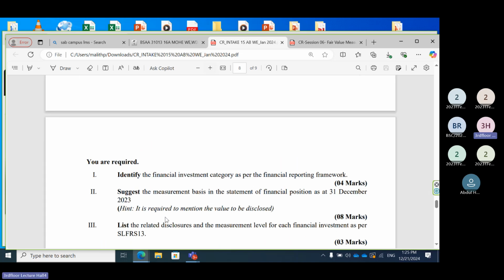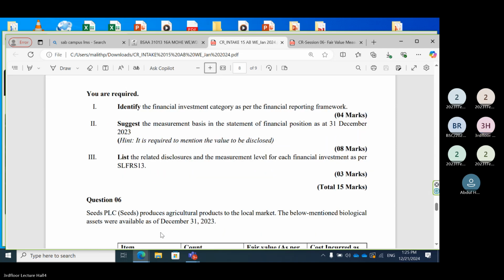And you will see this in the exam again. List the related disclosures and the measurement level for each financial investment as per the syllabus.